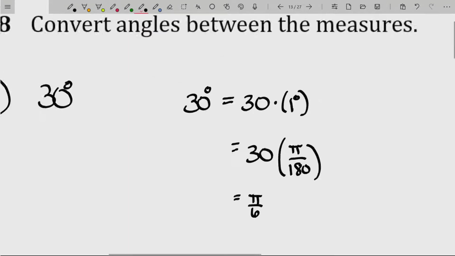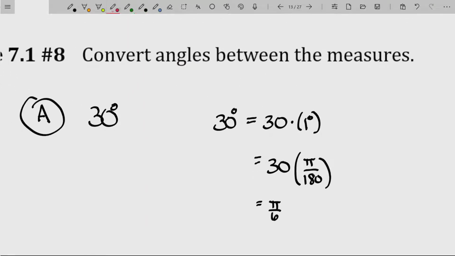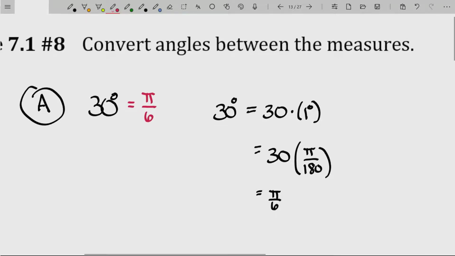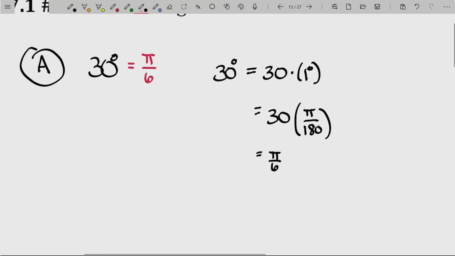So 30 degrees is the same as pi over 6. 30 degrees is pi over 6 radians. Such an important angle, that specific one you should remember. Next one, part B. Let's do 5 pi over 4.